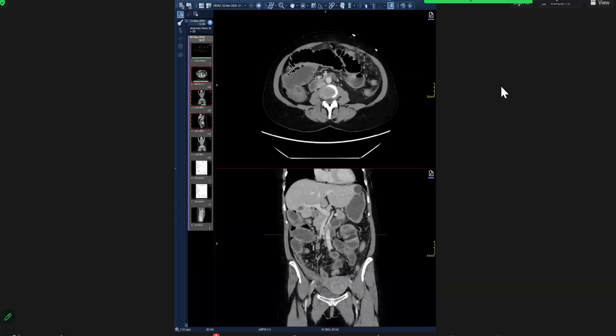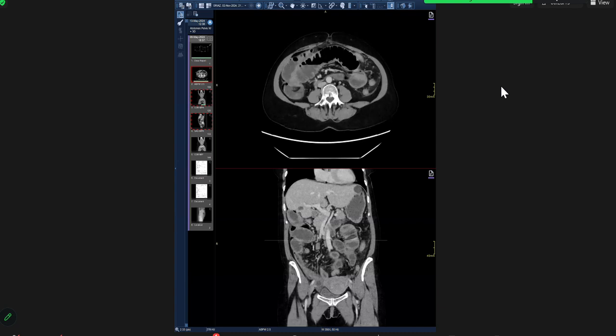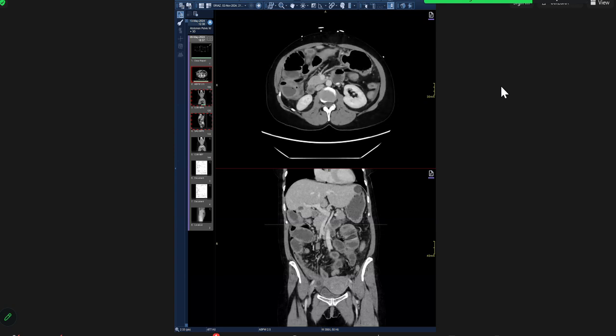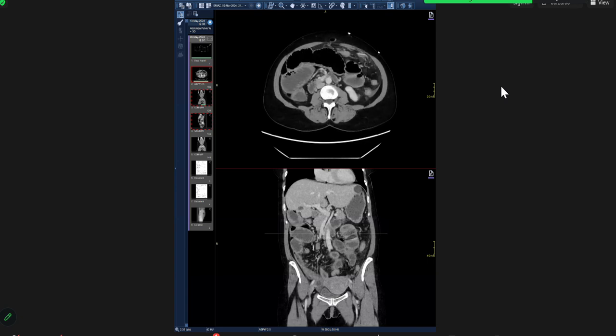I think this is just air. If you follow it, it doesn't look like pneumatosis. Just air everywhere, fluid and air filled bowel loops. So these are dilated, fluid, and air-filled small bowel loops.